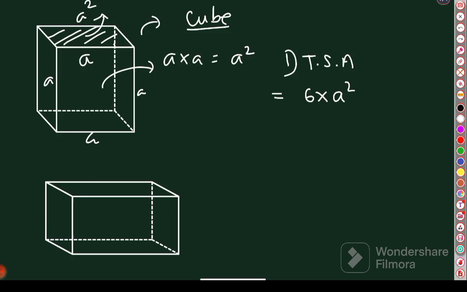One more thing: if you exclude the top and bottom surfaces, then the other four surfaces are on the sides: left, right, front and behind.